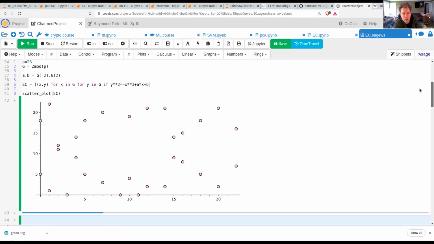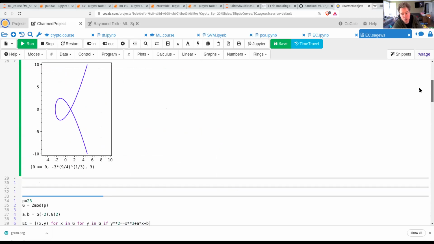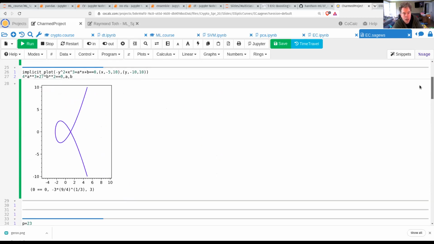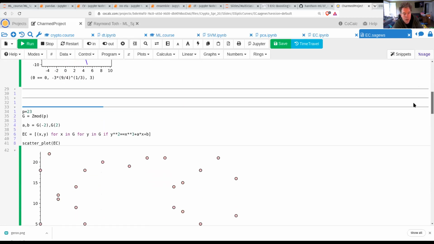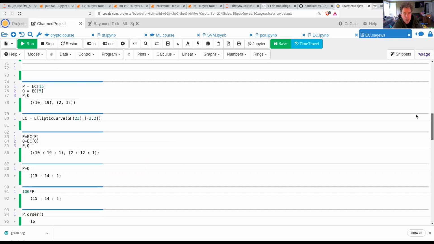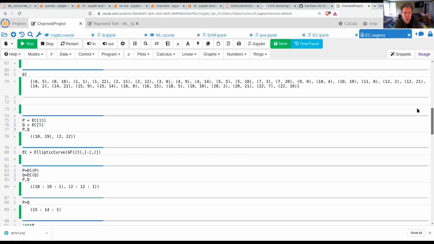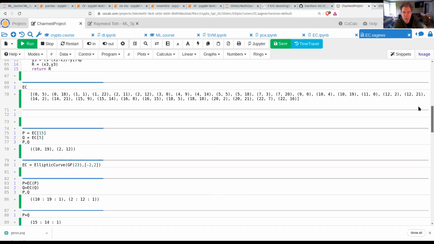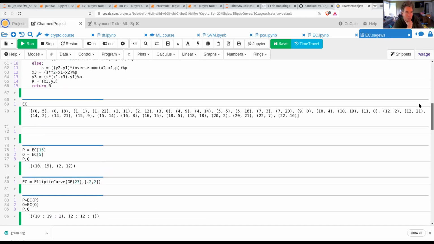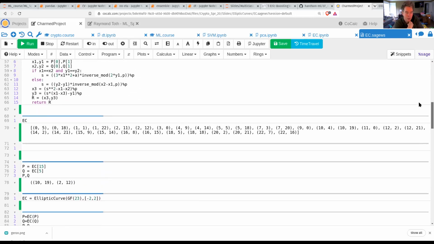Because P was 23, and the number of pairs from the group would be 23 times 23, which is quite a large number. But how many actually end up being on the curve? It's 31. And predicting that number, determining the size of an elliptic curve group after you specify P, A, and B, is very non-trivial. So there's not a simple formula that you can use just to look it up.